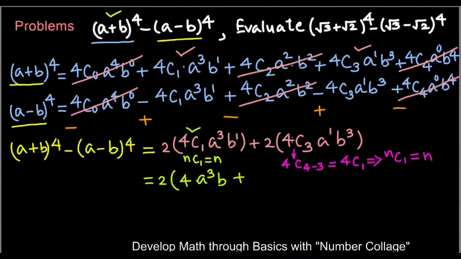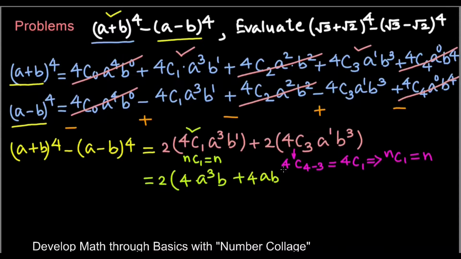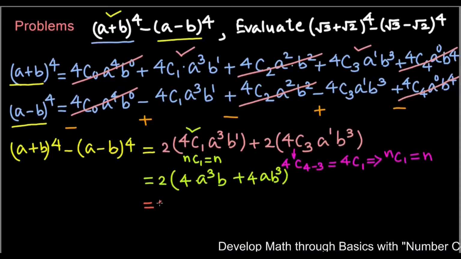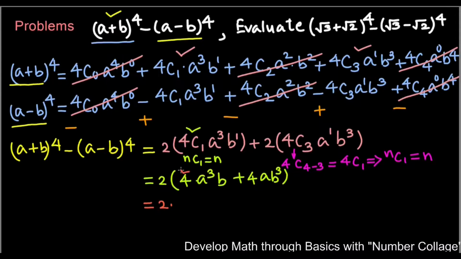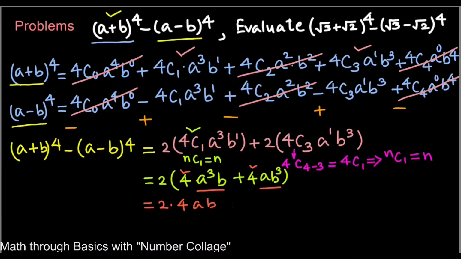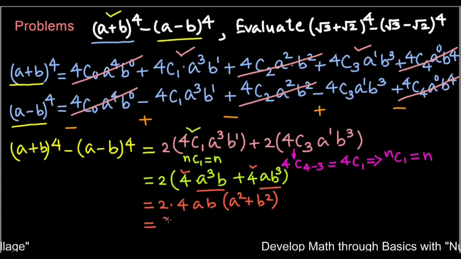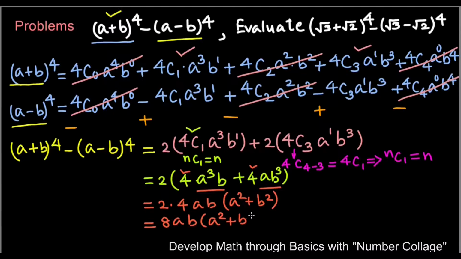So therefore this 4C3 will be 4 itself, a b^3. We will write this 2. We will take this 4 common and ab common from these two terms into (a^2 + b^2), which will be 8ab(a^2 + b^2).